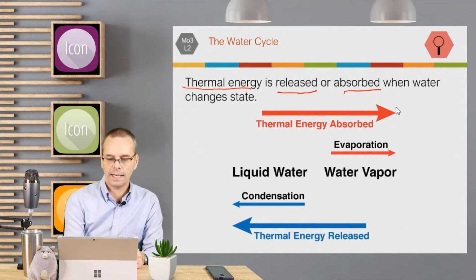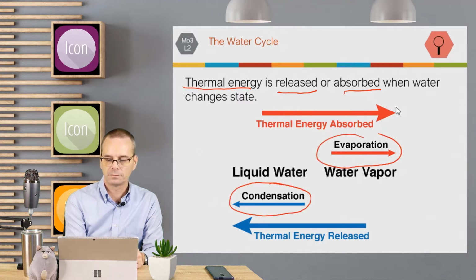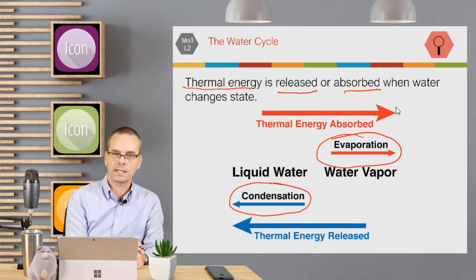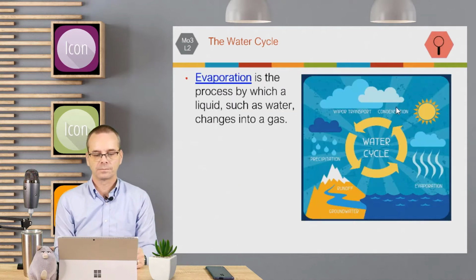Thermal energy from the sun is released or absorbed when water changes state. So when we say thermal energy is absorbed, that's evaporation. When it is released, it is called condensation. So as we release thermal energy, you'll get condensation. As we absorb thermal energy, you will get water vapor. All right? That's how these various things start.